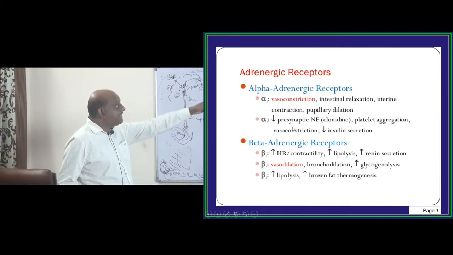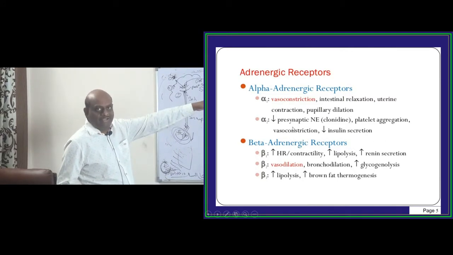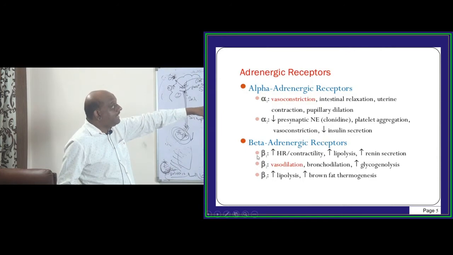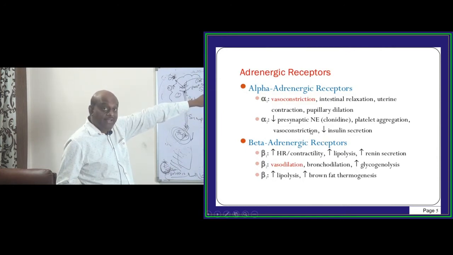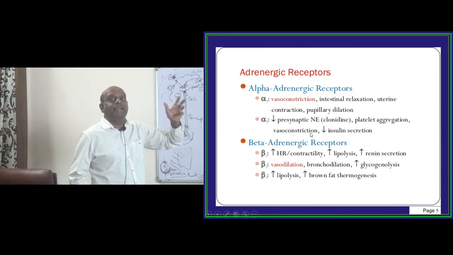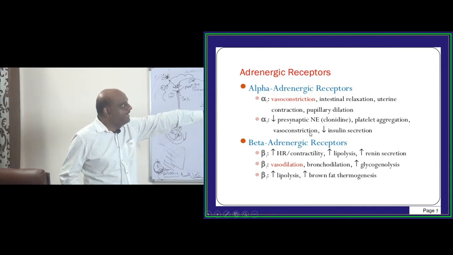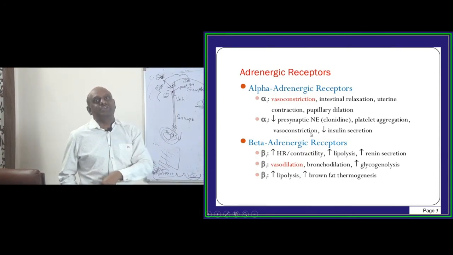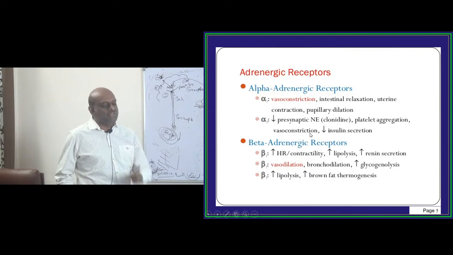But central alpha 2, where clonidine goes and works, will be antihypertensive. But peripheral alpha 2 is vasoconstrictive once more. That is the point you have to catch.